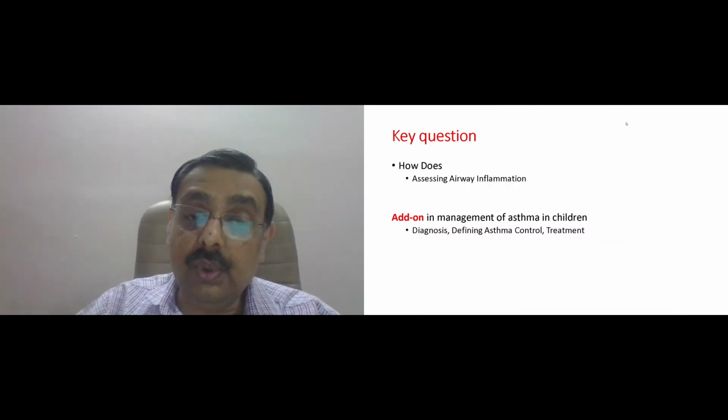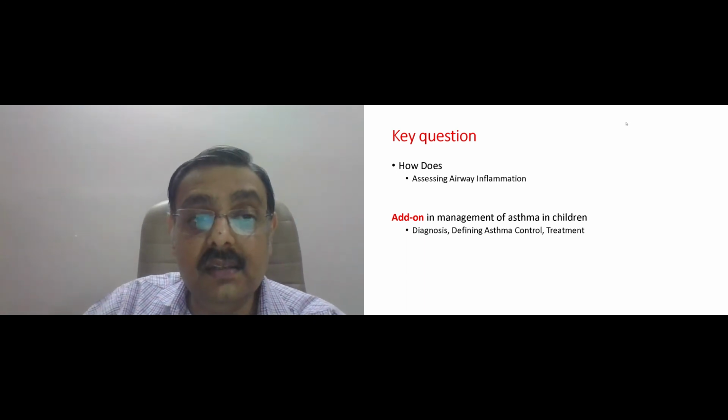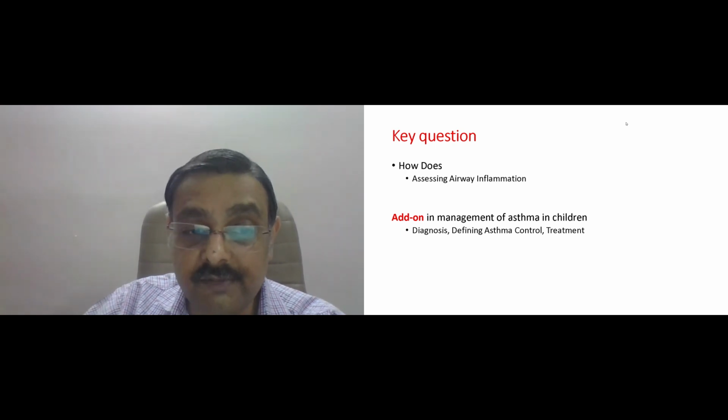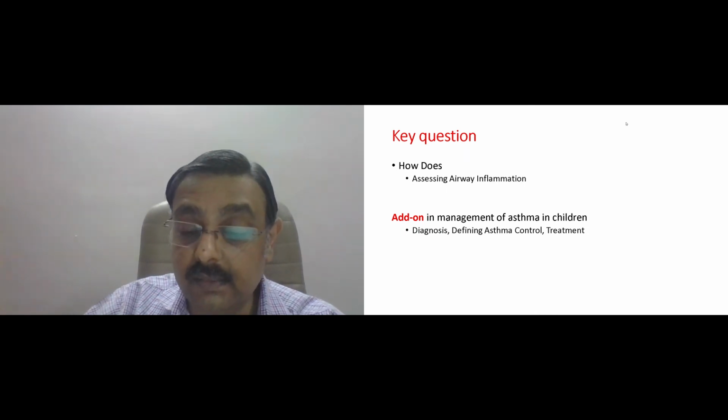That is exactly what we are trying to say: does it make sense to assess the airway inflammation, and does it add on to any of these things? Well, if it does not, then it doesn't make sense. But if it does, then definitely it needs to be done.